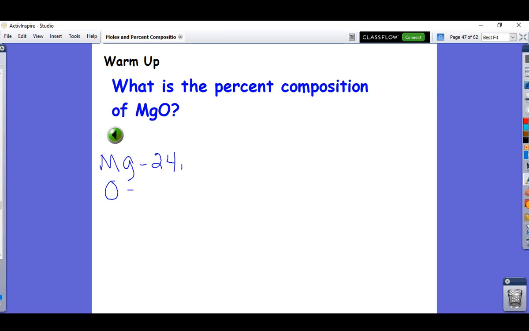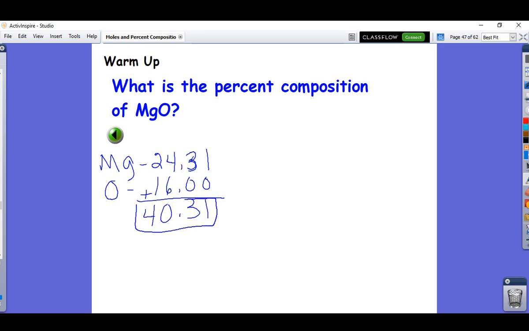Magnesium is 24.31, oxygen is 16.00. We add those together, and that gives us 40.31. That's our molar mass of the whole compound.